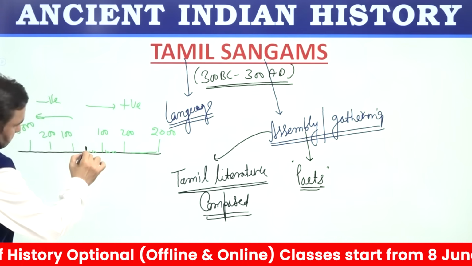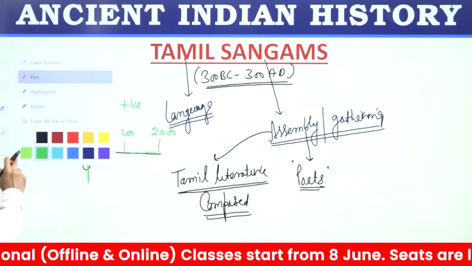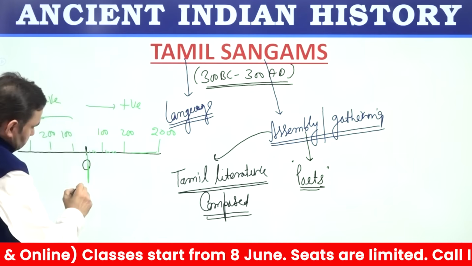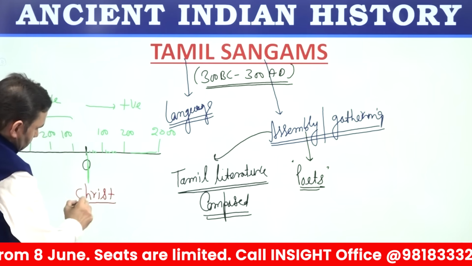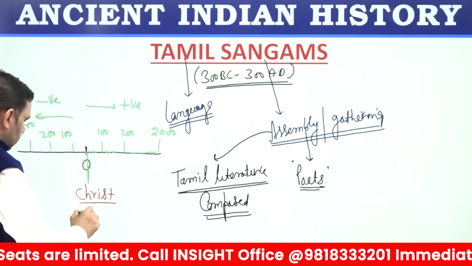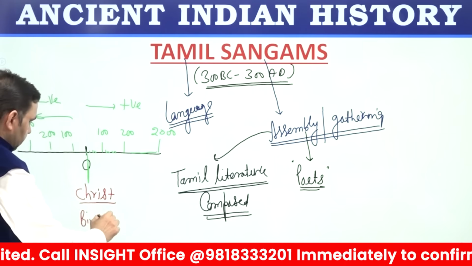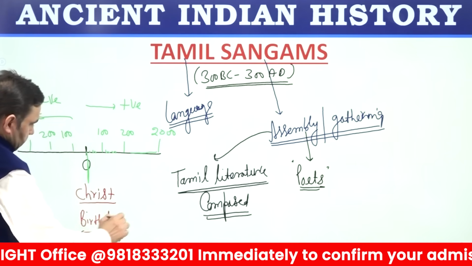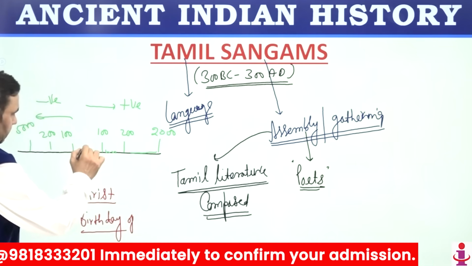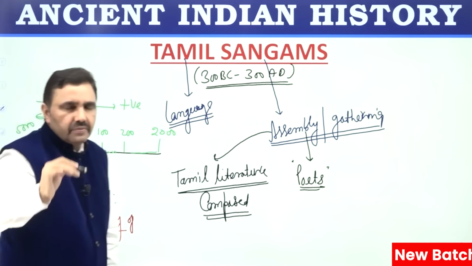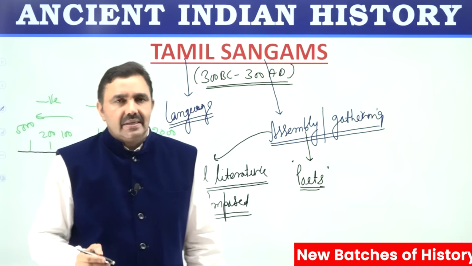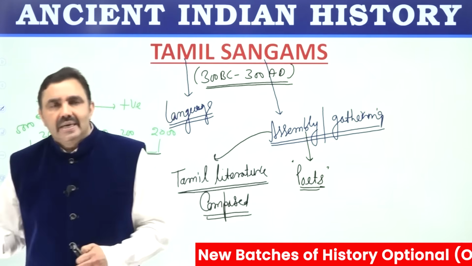So this incident is the day of birth of Jesus Christ. Birth of Christ took place on a particular day. That is the year, that's the day of English calendar or the European calendar, or we say Christian calendar.